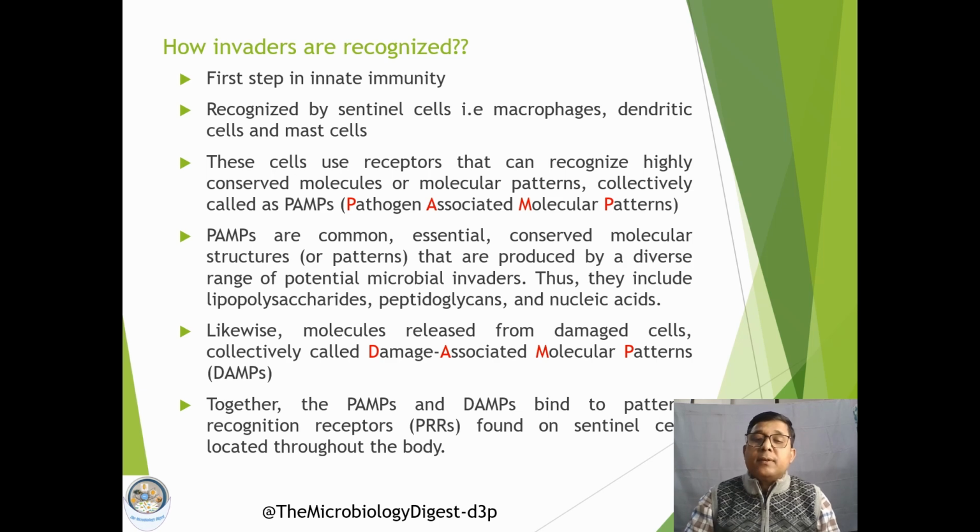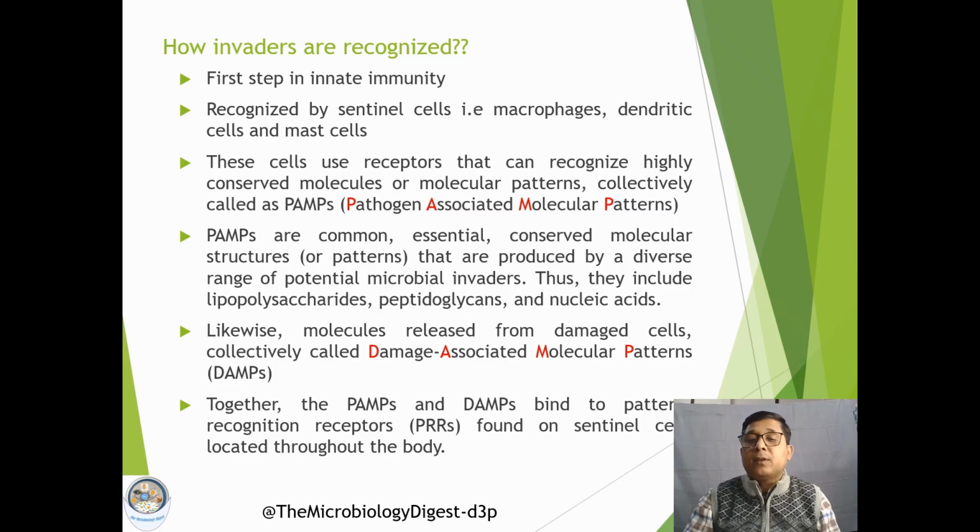Now, how are these invaders recognized by the body? How does our body identify a pathogen? These invaders are the pathogens or microorganisms which come inside our body and can establish an infection. So the body has to identify these organisms or invaders.